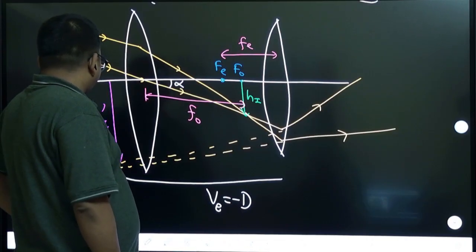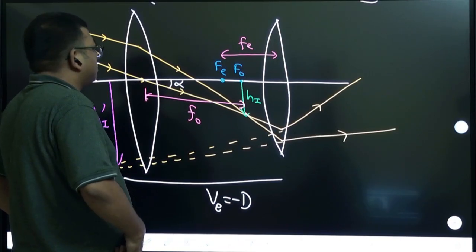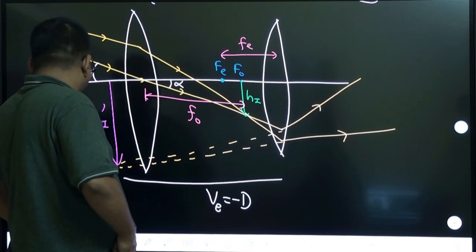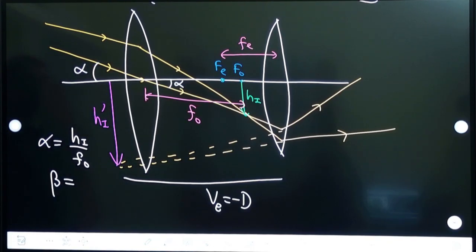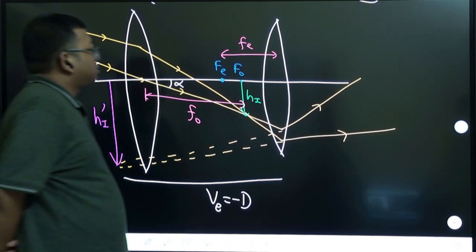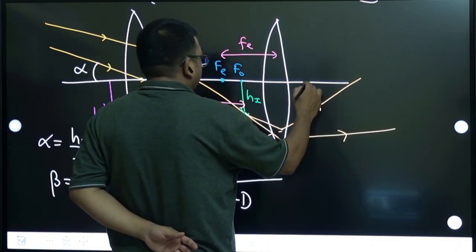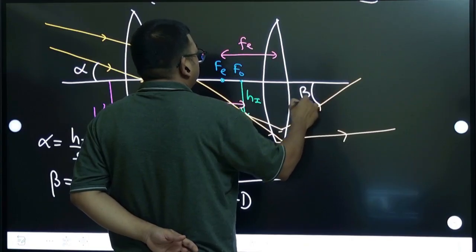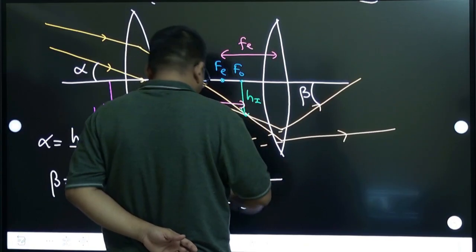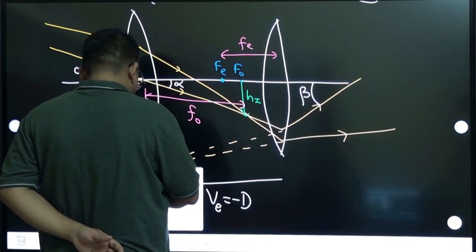Beta calculation is how? How do you calculate theta? Theta means this angle, or let us say you define here these angles.